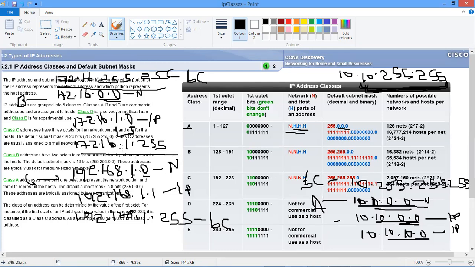Why? Because see the host ID, it is not completely 255 and it is not completely 0. But here, host ID is completely 255, so this is a broadcast address. You see the variance in their respective classes and the way the addresses have been assigned.